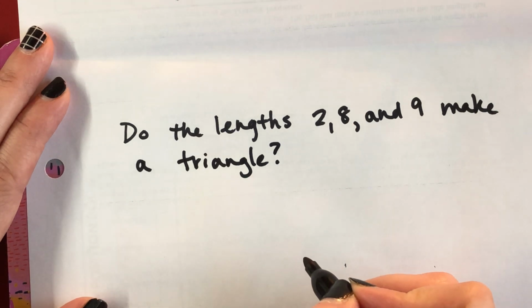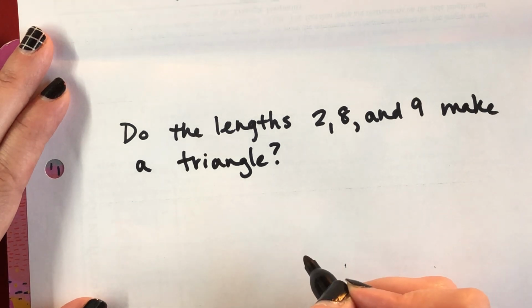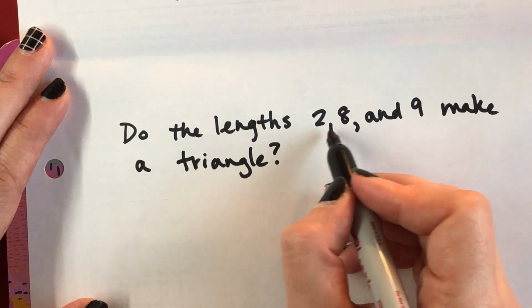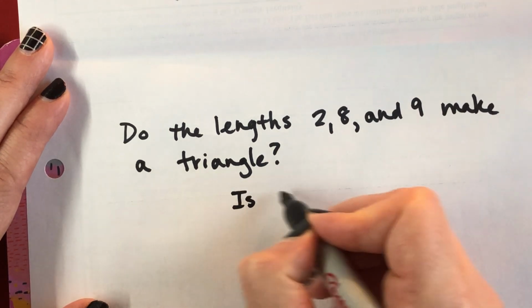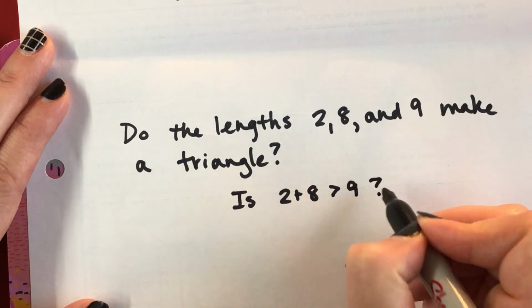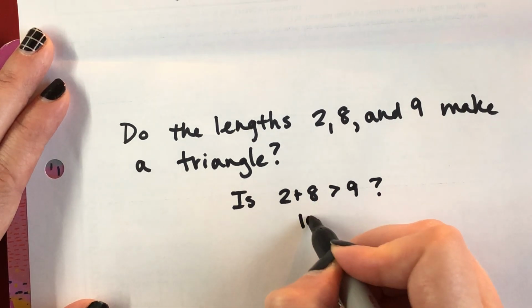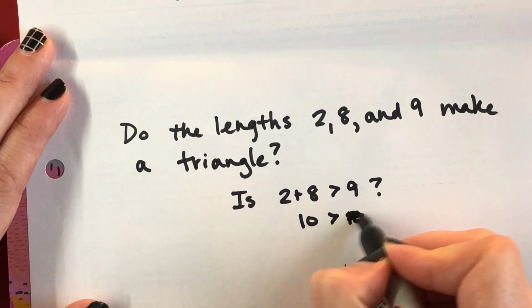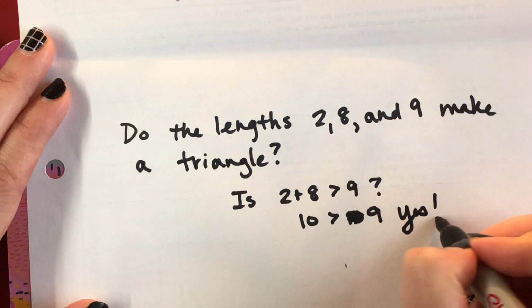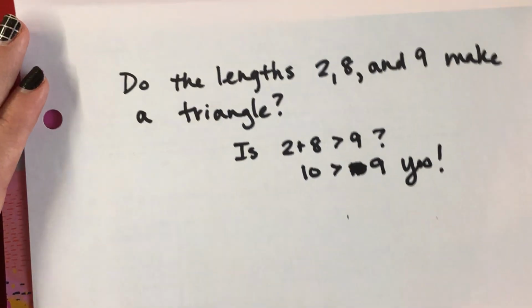So the triangle inequality says that any two sides must sum to be more than the third side. And the trick is to check the two smaller ones. So we want to know, is 2 plus 8 greater than 9? So that would be 10. Is 10 greater than 9? Is the alligator eating the bigger number? Yes, it is. So yes, it would make a triangle.